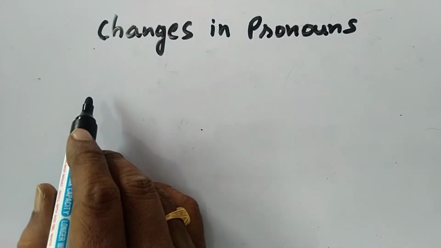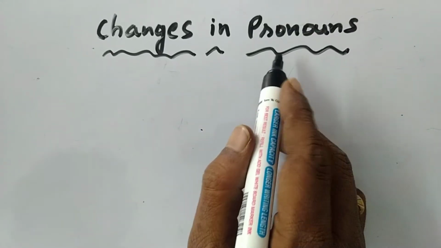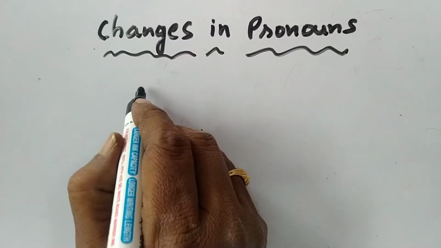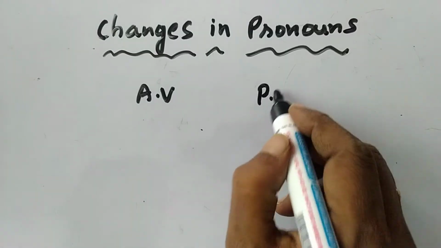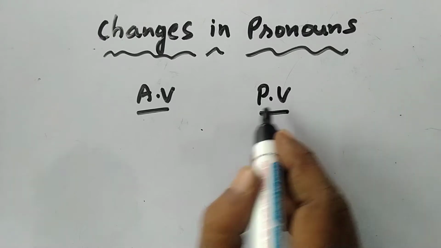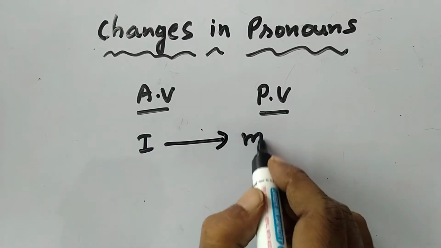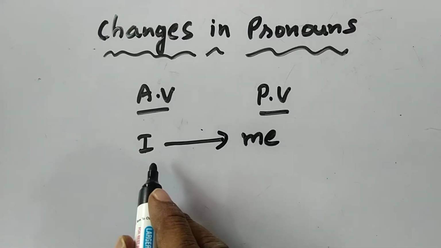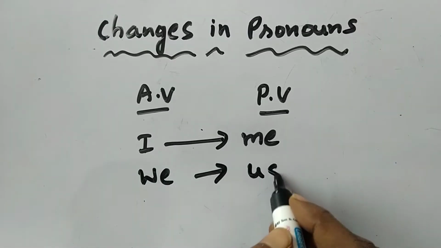AV means active voice, PV means passive voice. Here I becomes me. We becomes us.